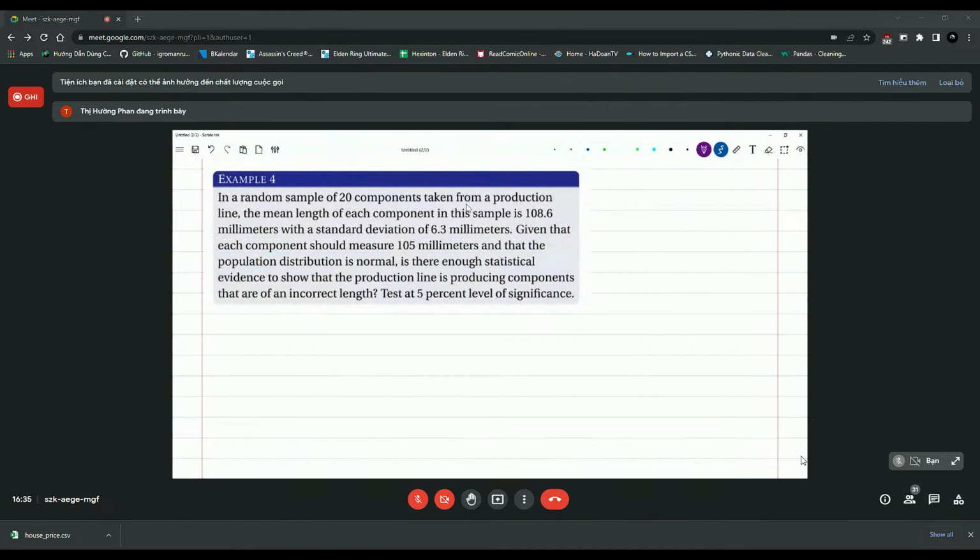Now please have a look at example 4. Firstly, I give you a few minutes to summarize the information by yourself. Then we return to finish this example together. Few minutes for you.